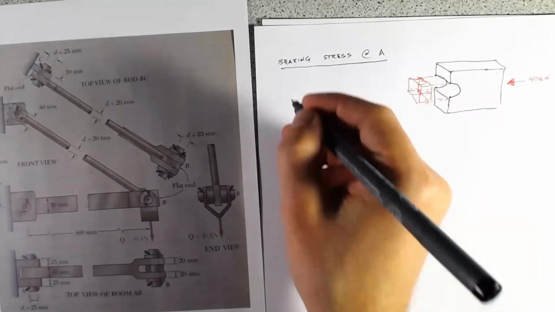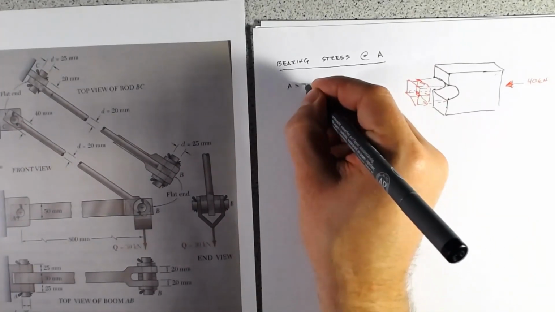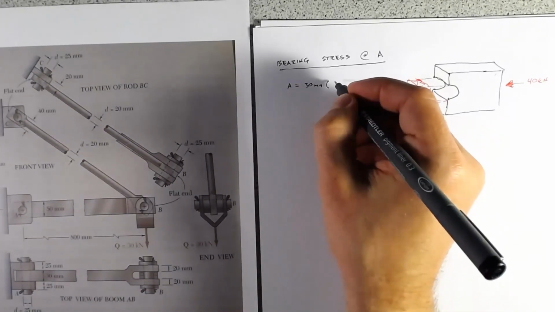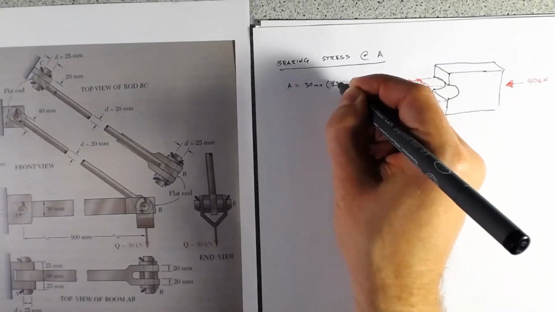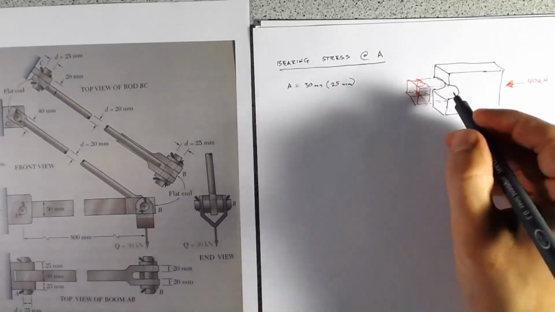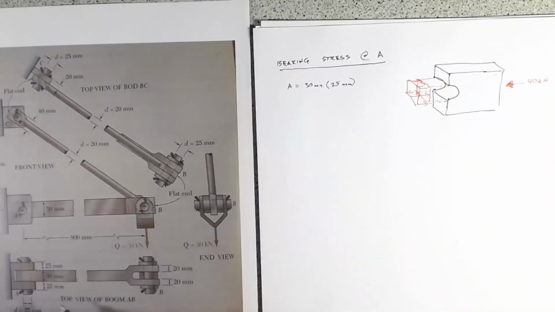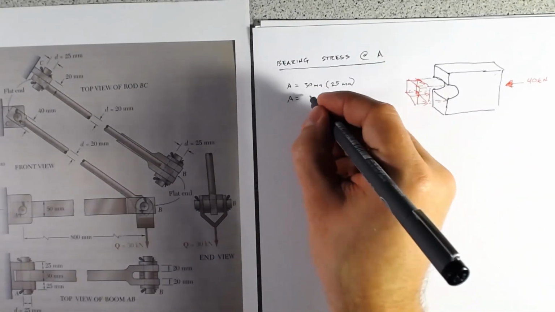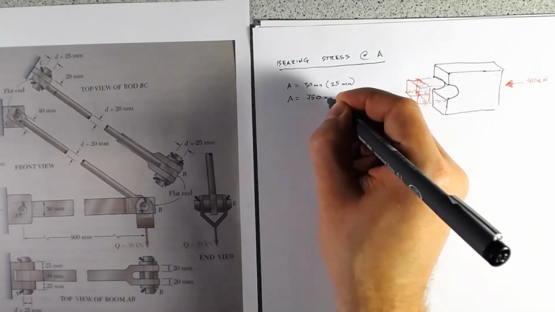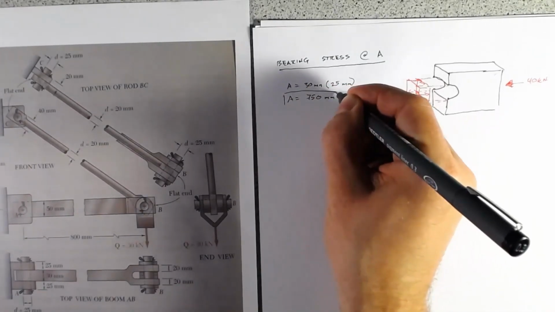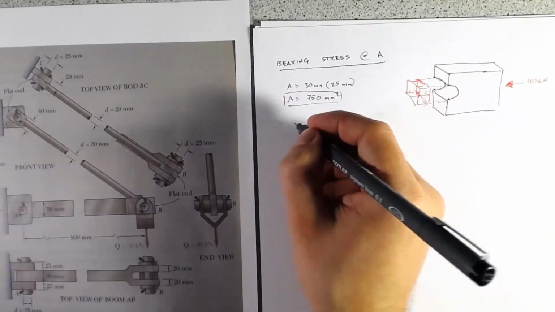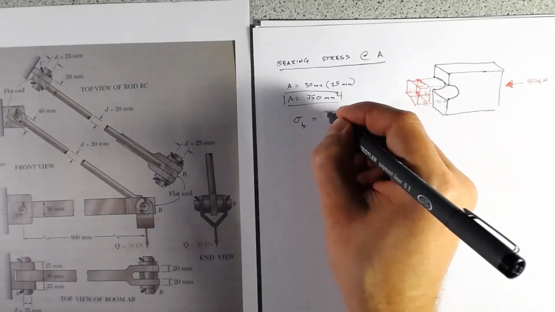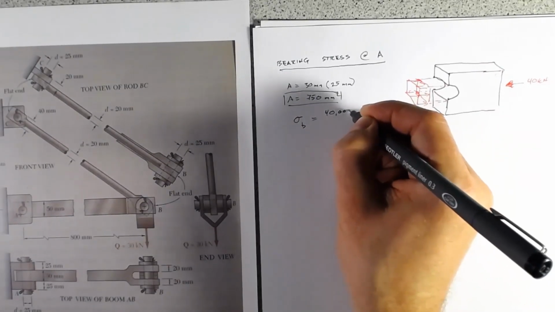So our area is just going to be 30 millimeters, because that's our thickness, times 25 millimeters, which is the diameter of the pin, which is bearing on this hole. And so the area equals 750 millimeters squared. And then we can work out our bearing stress is going to be 40,000 newtons.